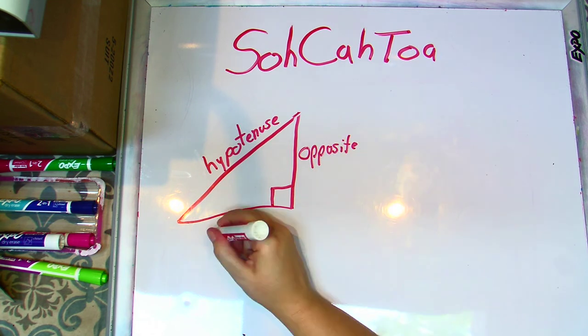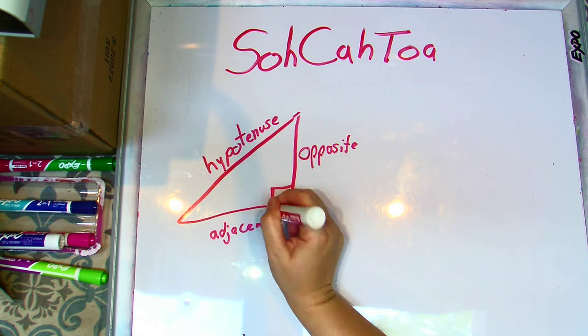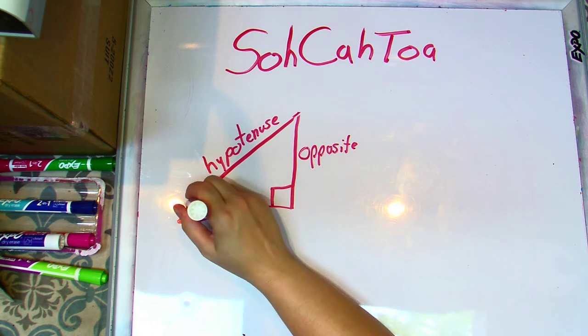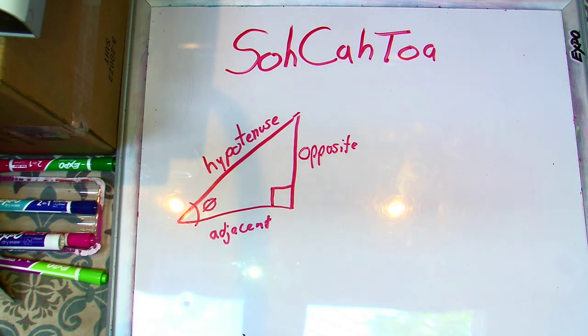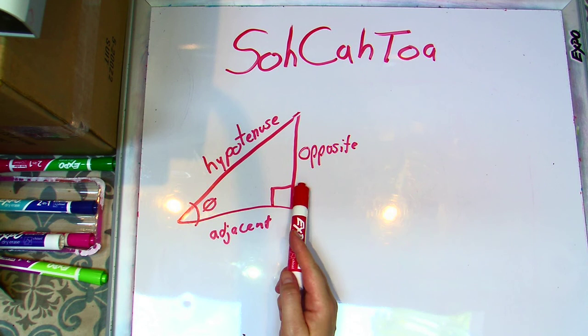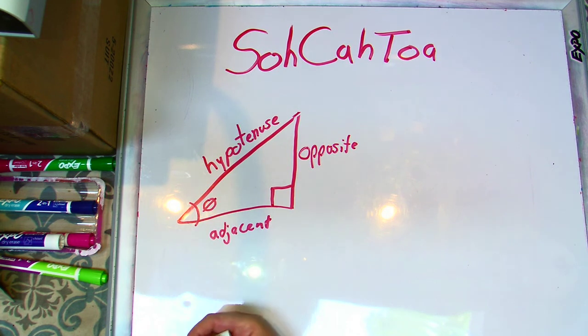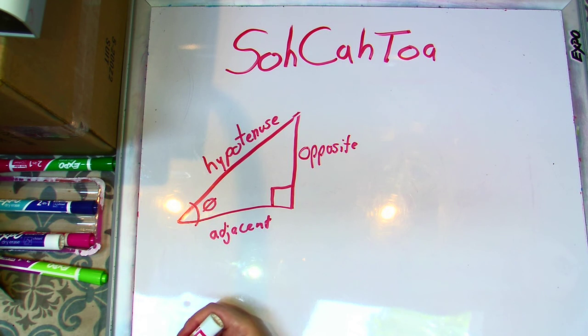And this would be considered the adjacent side. Because what we're talking about is in relation to this angle right here. Now that circle with a line through it, that's theta. It's a Greek letter and it's oftentimes used to refer to angles. So this side, the vertical side, is opposite of theta. The horizontal side is adjacent to theta. So that's how they get their names.